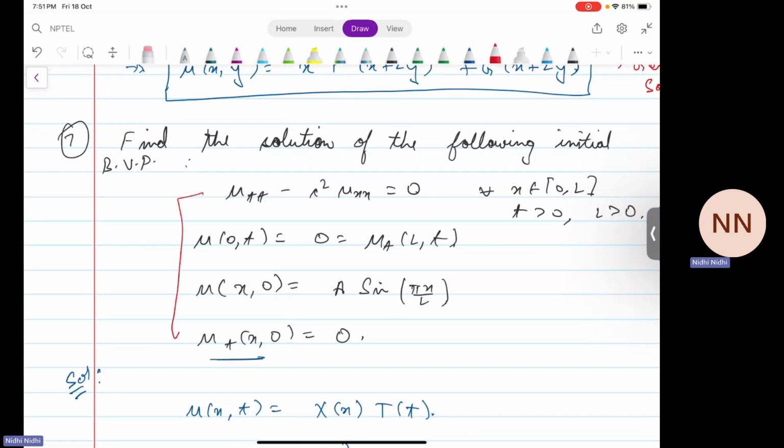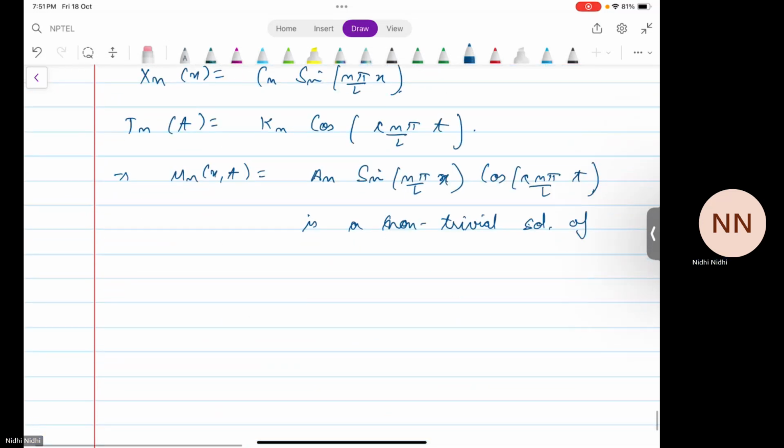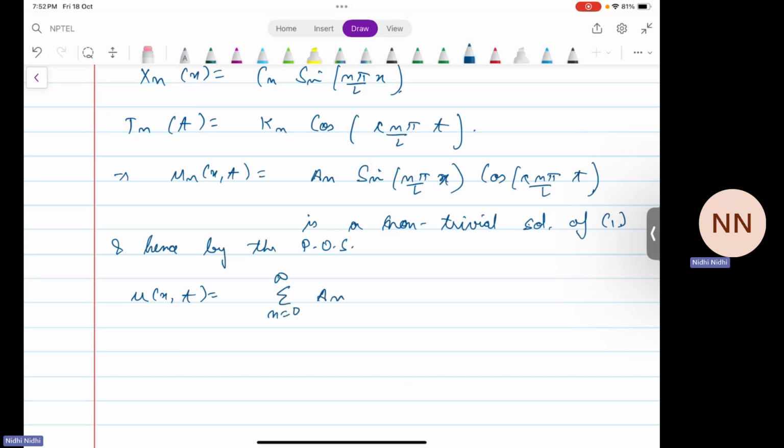Let's mark this as 1, and hence by the principle of superposition we get u(x,t) is equal to summation n from 1 to infinity a_n sine n pi by L x cos c n pi by L t.